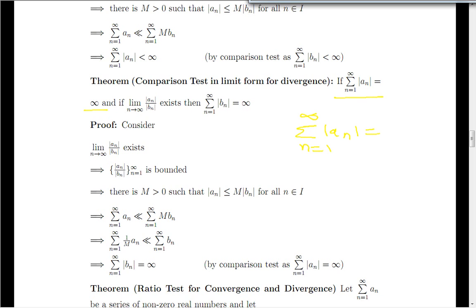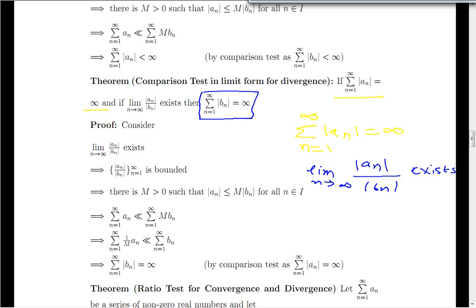This is the first hypothesis. The second hypothesis is that the limit of the sequence |an| upon |bn| exists finitely. The conclusion is that the series Σ|bn| is divergent.